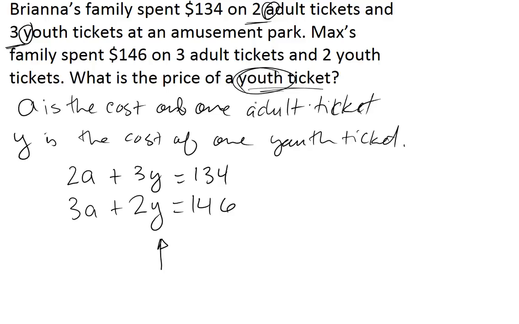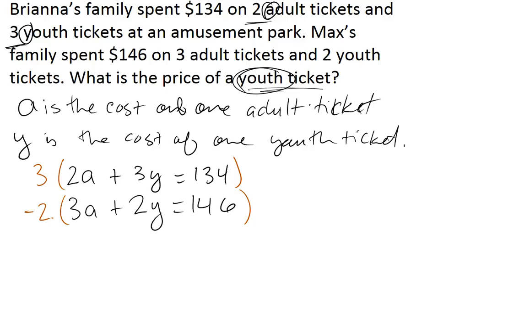And looking at this system, I could either eliminate A or I could eliminate the variable Y. I'm going to eliminate A. And to do that, I'm going to multiply both equations in this system by a certain value so that the coefficients become opposites. So I'm going to go ahead and multiply the top equation by 3, and I'm going to multiply the bottom equation by the number -2.